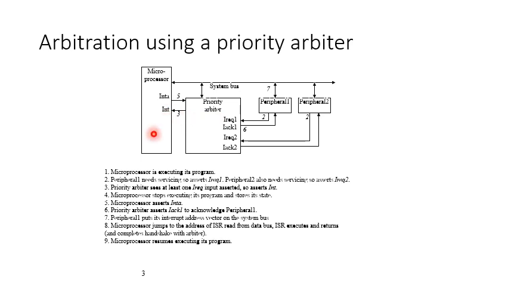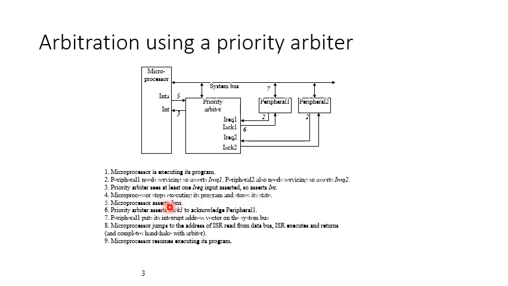The microprocessor stops executing its program and stores its state, as we were doing in the case of fixed interrupts as well as vectored interrupts. States can include registers and the program counter.